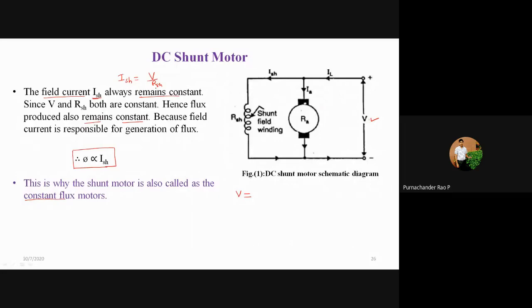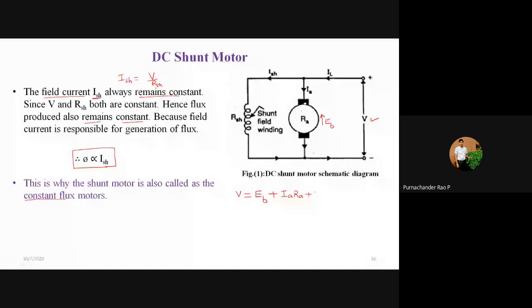This induced EMF is known as the back EMF. So V is equal to the back EMF EB plus the drop across the armature circuit, IA RA, plus the brush voltage drop, which we have discussed earlier.